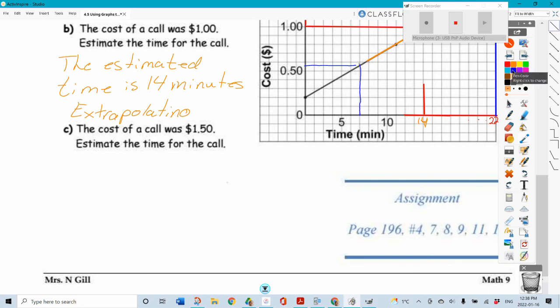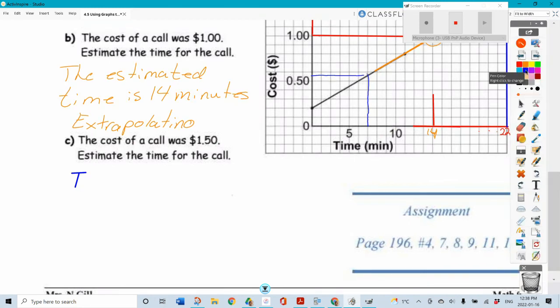So the estimated time, and I have to put estimated here, I don't want to put exact because we could be wrong a tiny bit somewhere. It might be off a little bit. But the estimated time is 22 minutes.